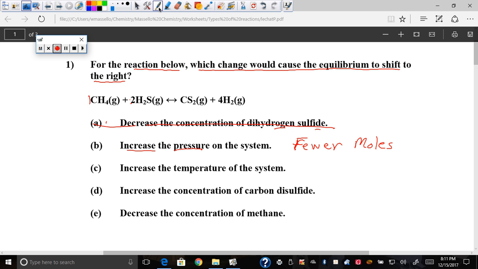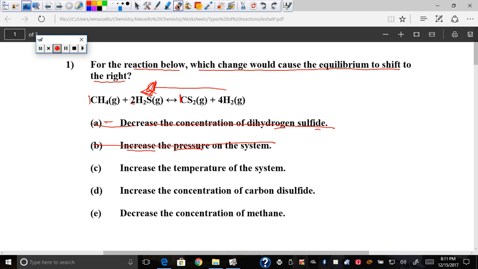We have 1 and 2, so we have 3 total moles. Over here we have 1 and 4. Well, that's 5 total moles. Okay? So if the rule is it goes to the side with fewer moles, then everything would shift to the left, because that's where the fewer moles are. It would shift to the left. So that's not the answer choice. Okay?